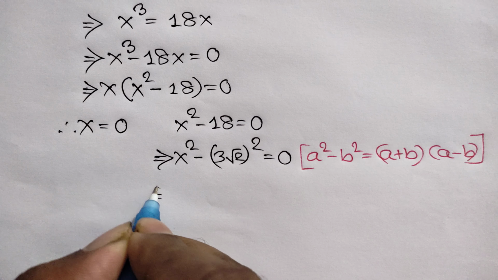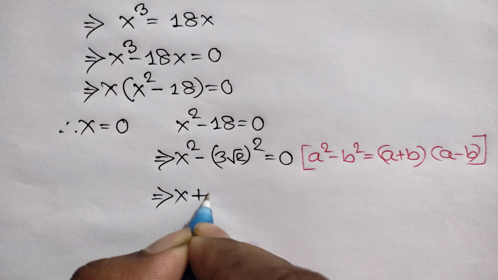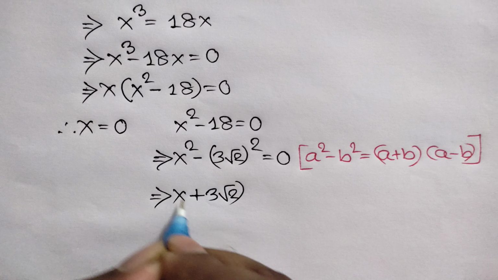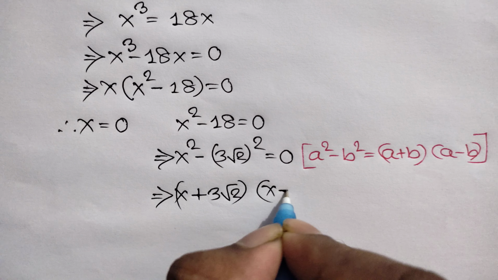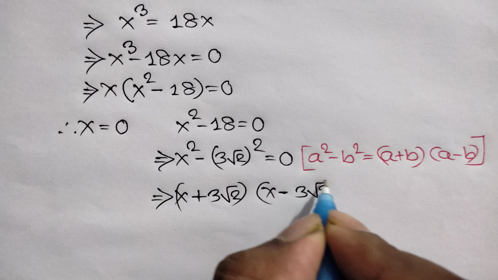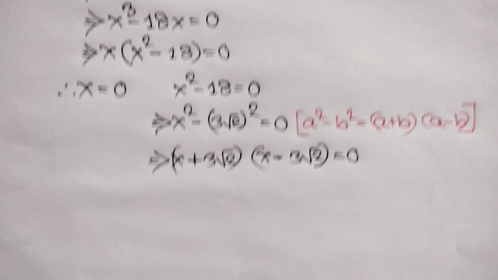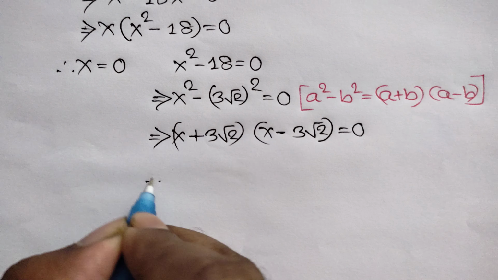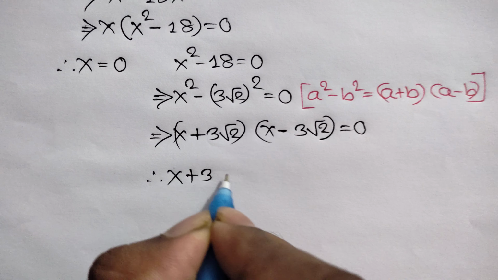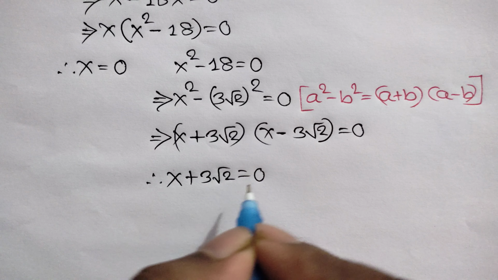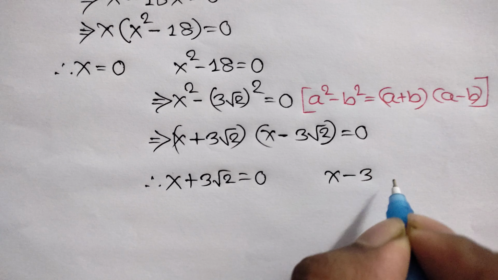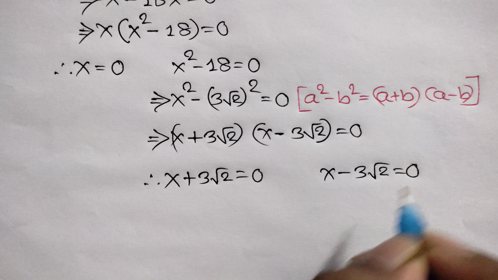Here we can write x plus 3 square root of 2 times x minus 3 square root of 2 is equal to 0. Now again here we can write x plus 3 square root of 2 is equal to 0 and x minus 3 square root of 2 is equal to 0.